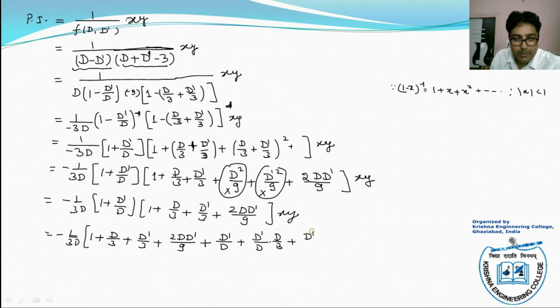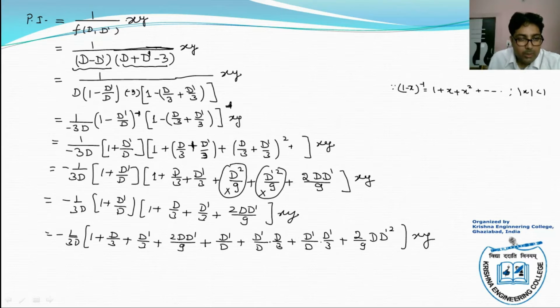The multiply D dash by D into D dash by 3. The multiplying 2 by 9 D into D dash square, xy. Here this cancels out, and this again has the degree D dash 2.